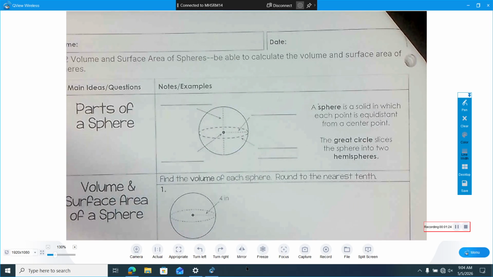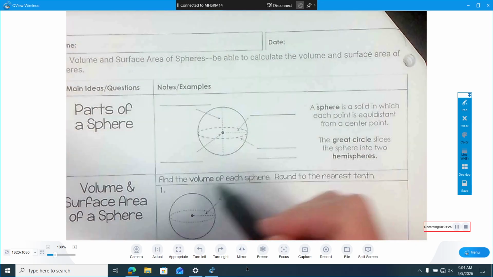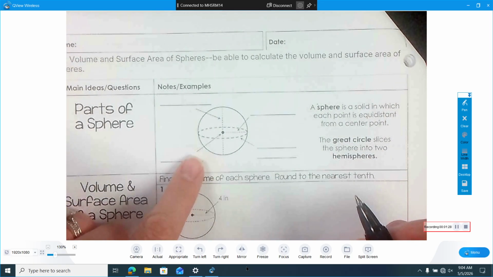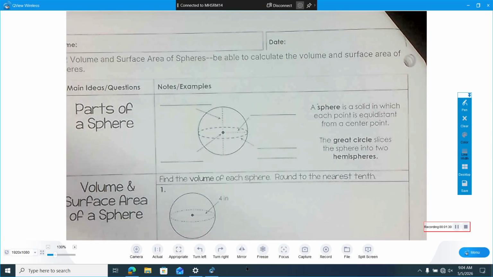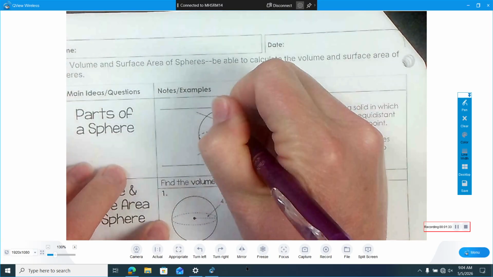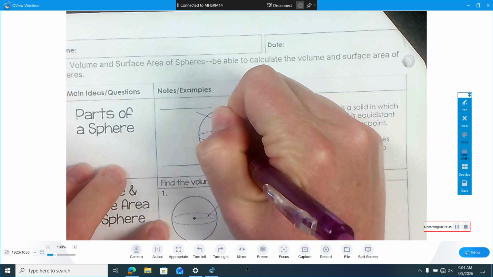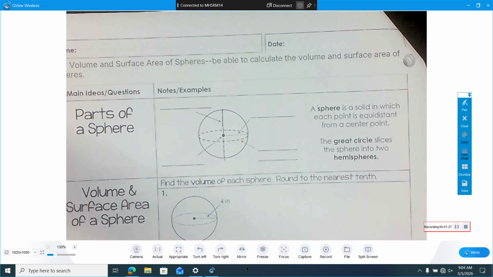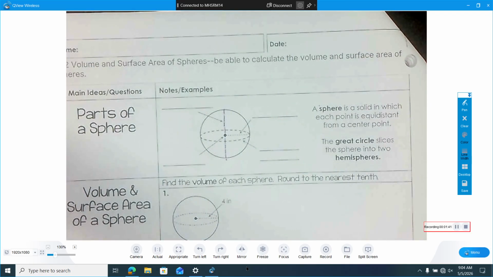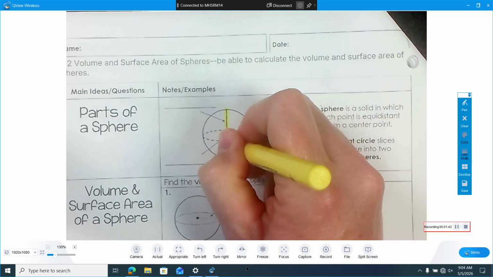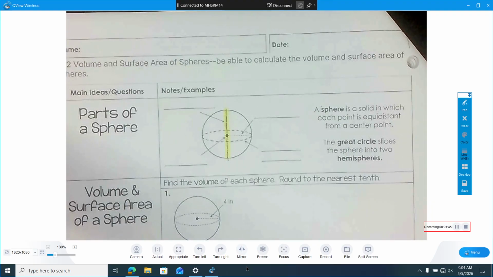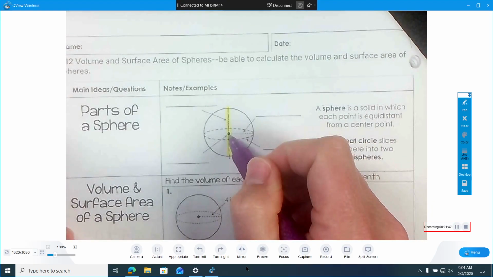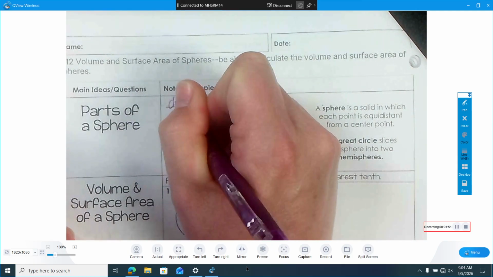Okay, so parts of a sphere. We have a nice little sphere here, and this dotted line that goes all the way through the sphere from top to bottom, through the center of the sphere, is called a diameter.